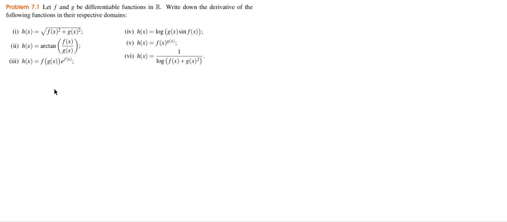Let's do 3. h of x is f at g times f to the f.